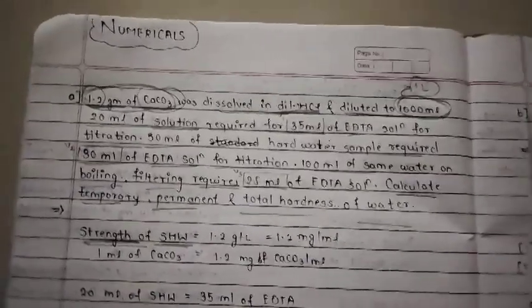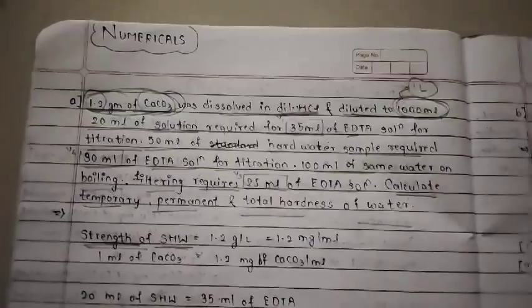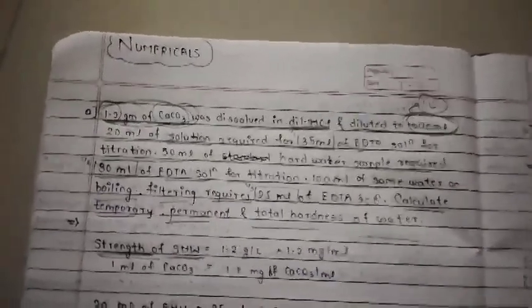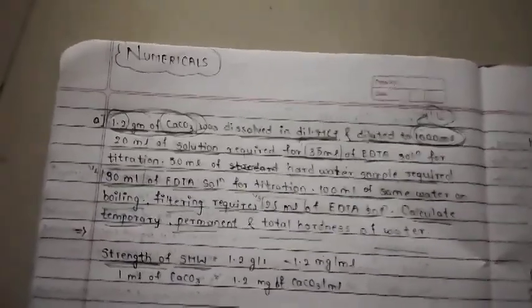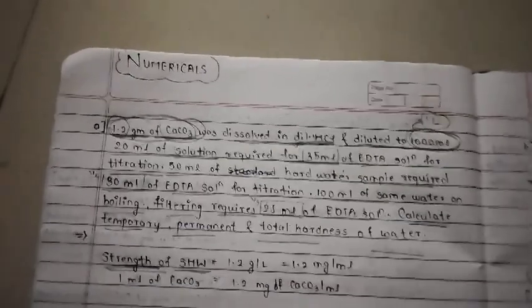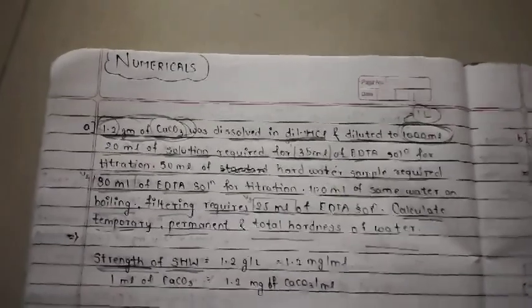And for standard hard water, what do we mean by strength of standard hard water? In hard water, you have the term standard. Standard means the CaCO3 present in 1 liter of hard water. Guys, always remember, standard means 1 liter of anything.